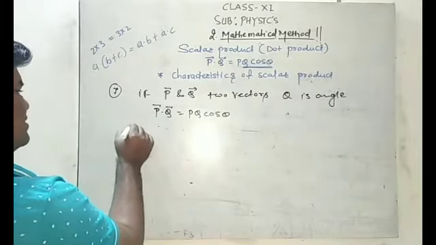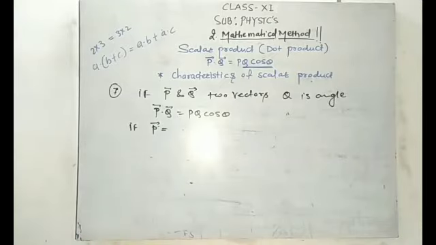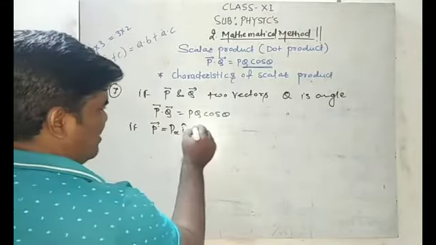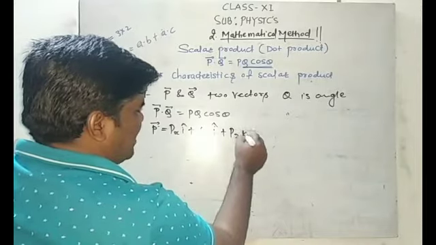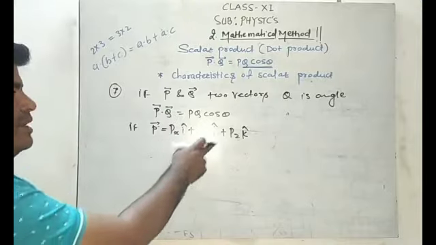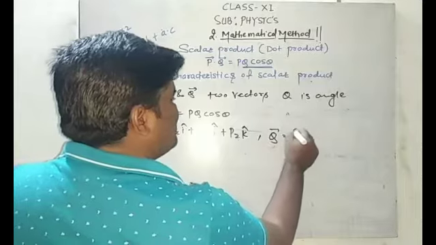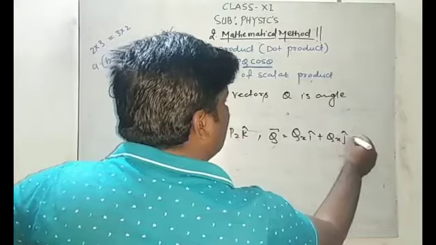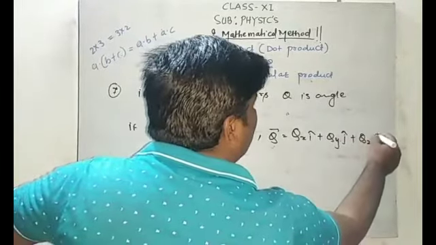And if P bar is equal to Px i cap plus Py j cap plus Pz k cap, and Q bar is equal to Qx i cap plus Qy j cap plus Qz k cap, right?